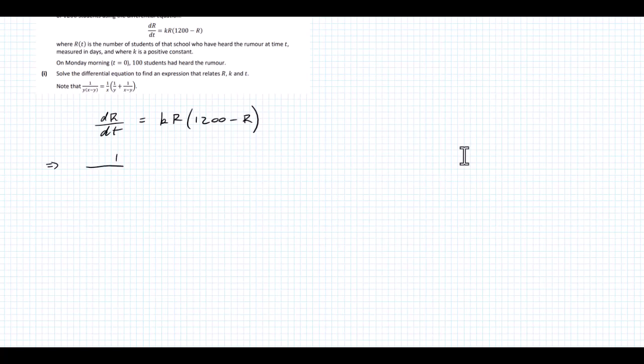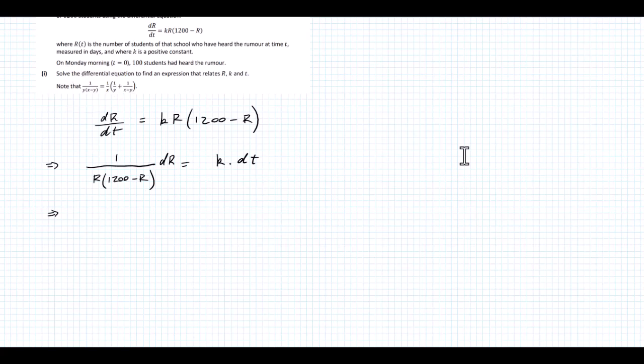So on the left hand side I'll end up with 1 over r times (1200 minus r). On the right hand side I'll end up with k dt. Now, by the way, I have a dr here as well on this side.